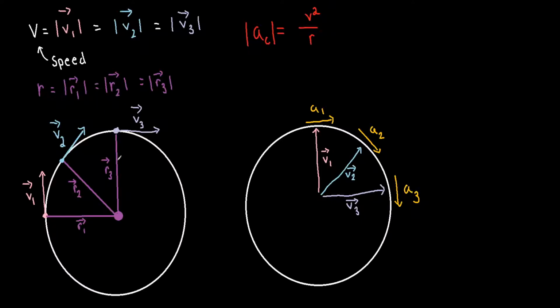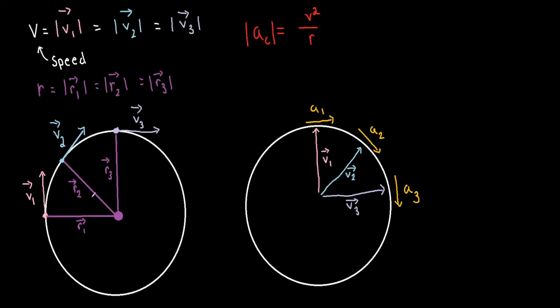And the analogy I want you guys to see is that as our position vectors are changing direction, what are causing them to move are our velocity vectors. And here in the second circle, you see that as our velocity vectors are moving in the clockwise direction, what are causing them to move are these acceleration vectors.